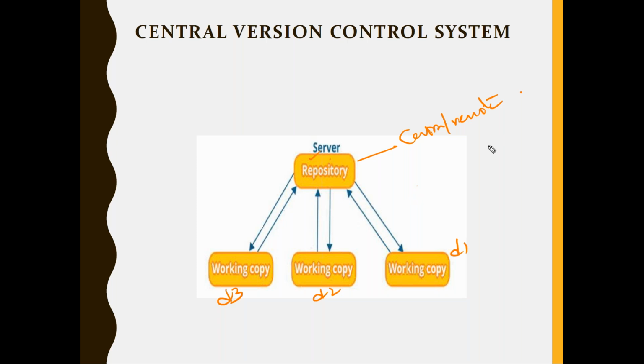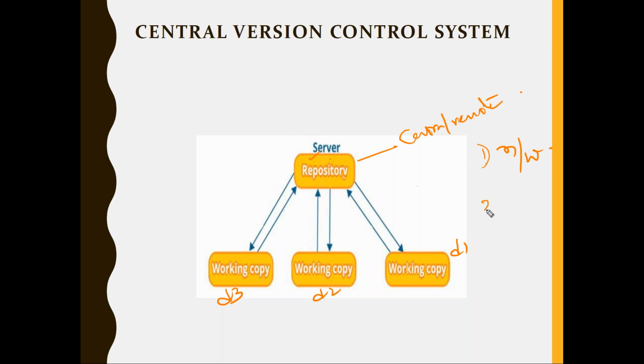And there are a few drawbacks with this kind of architecture. The first one is you always need to have a network connection to work, right? You need to connect to this remote server, get the changes, and then that's how you work. Suppose there's some network problem, network disconnect, entire work will be halted, right?